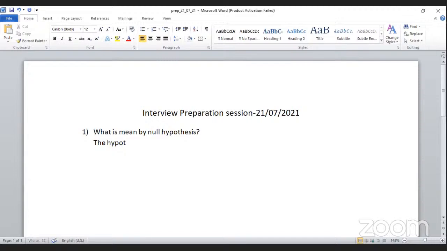The hypothesis that sample observations result purely from chance.